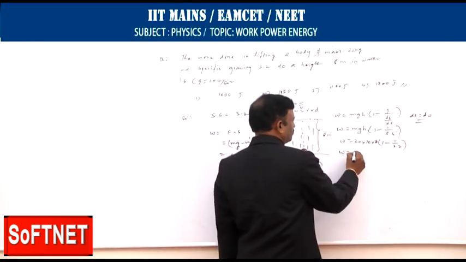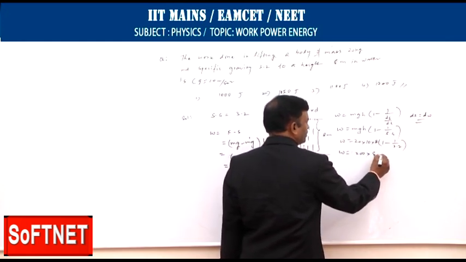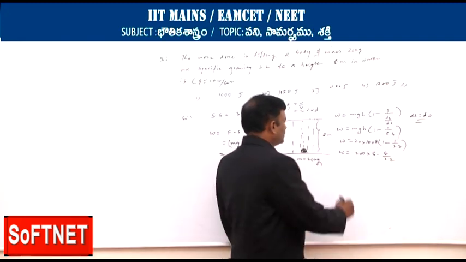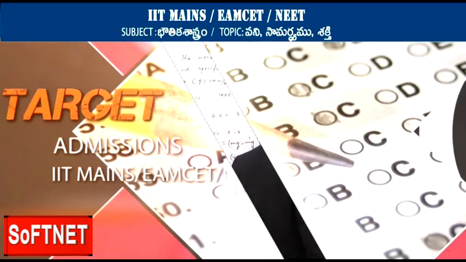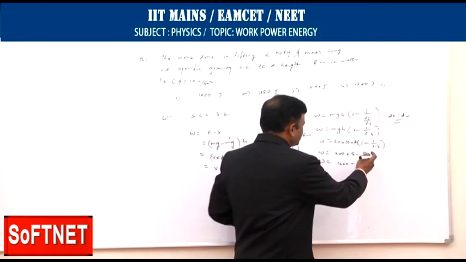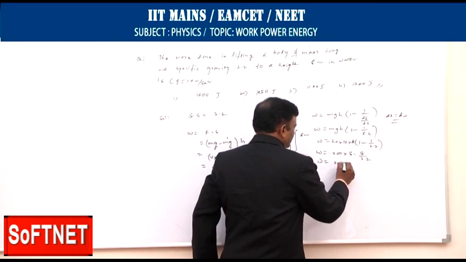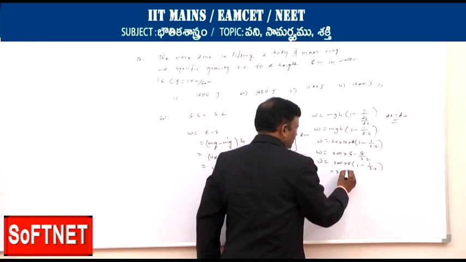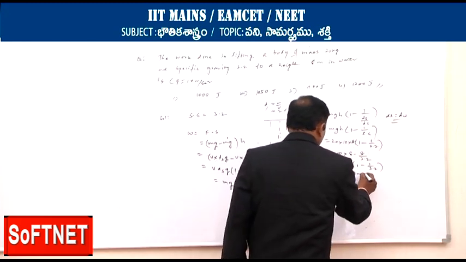So W is equal to 20 into 10, that is 200, into 8, times 1 minus 1 by 3.2.